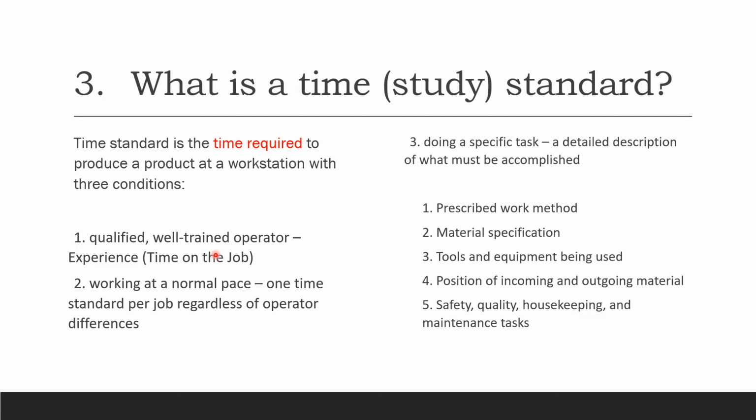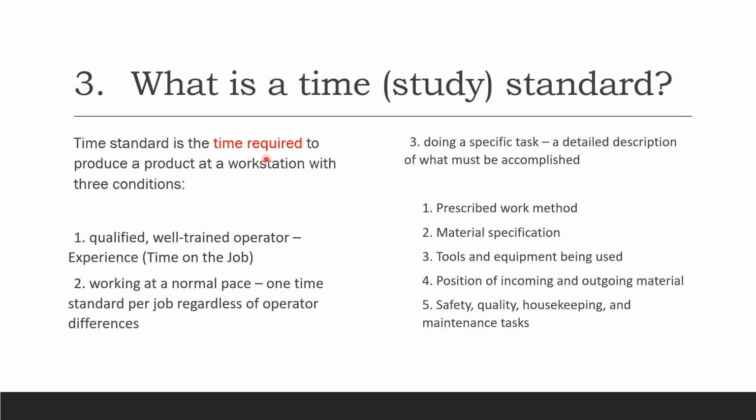The very first one is a qualified, well-trained operator with experience on the job. The second is working at a one-time standard job, regardless of operator differences. We're going to set a single standard for any kind of operator. Third, doing a specific task, with a detailed description of what must be accomplished. So you have an experienced worker at a normal pace. Those are the 3 conditions.